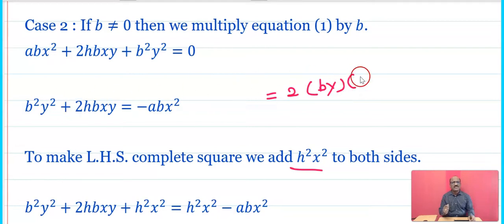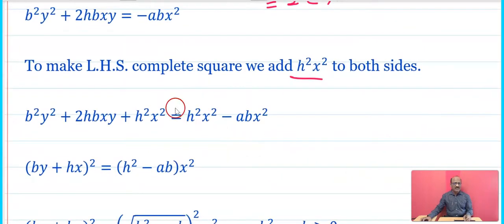The h and x, and you will get hx as the second term, and its square is h²x². Add h²x² on both sides, and therefore b²y² + 2hbxy + h²x², this is the perfect square of (by + hx), plus sign for the middle term, and it's a bracket square.